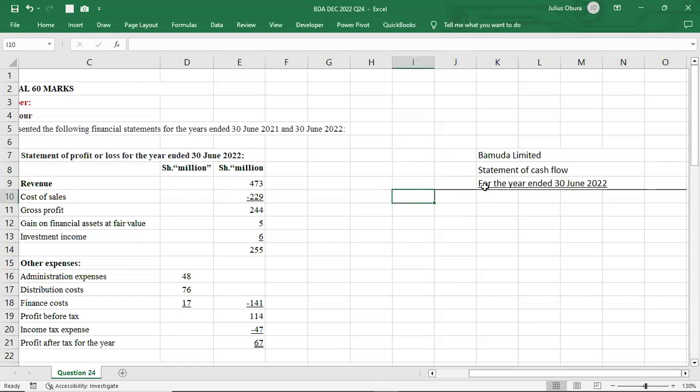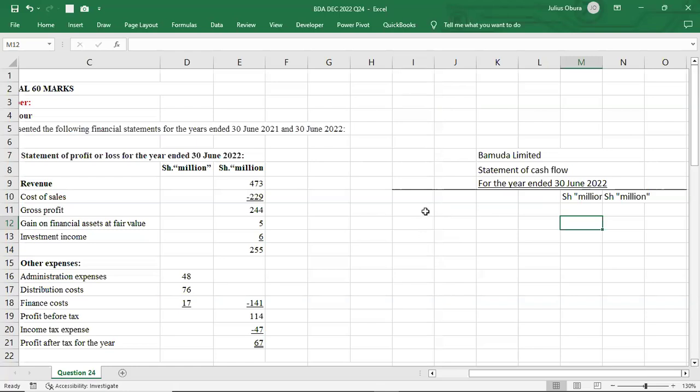Okay, so these are shillings in millions. So I'll have here shillings in millions, and as well here shillings in millions. Just like we said, you're supposed to start with your profit before tax in the indirect method.